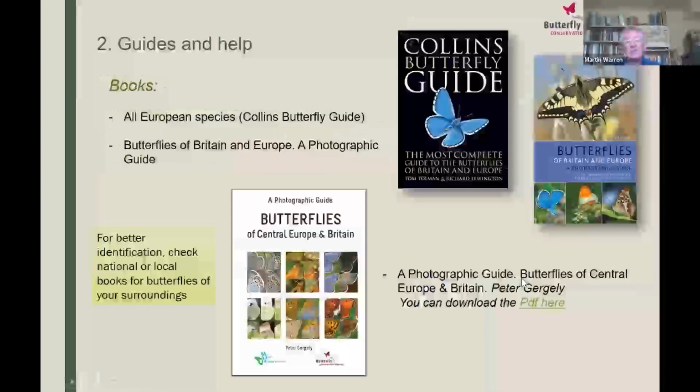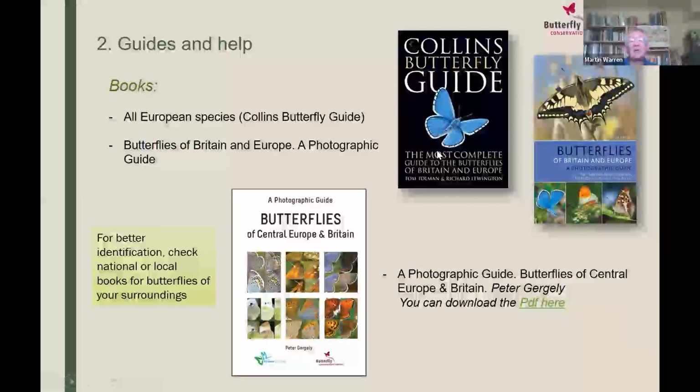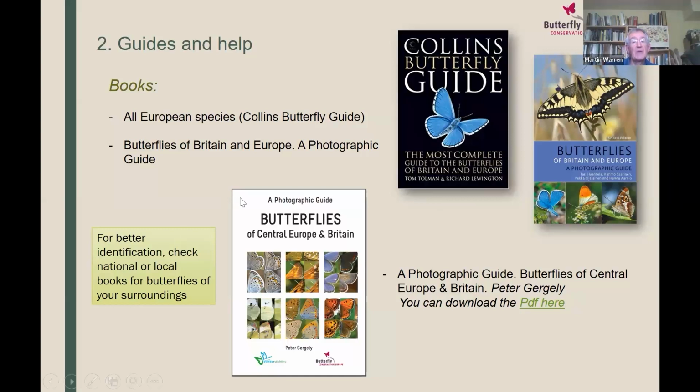So as Christina said, there are some good guides to the butterflies of the whole of Europe. But of course, that has a lot of butterflies you won't see in Slovakia. So that's where I think producing a guide, or using the app where it will automatically select the species that occur in Slovakia, would help.